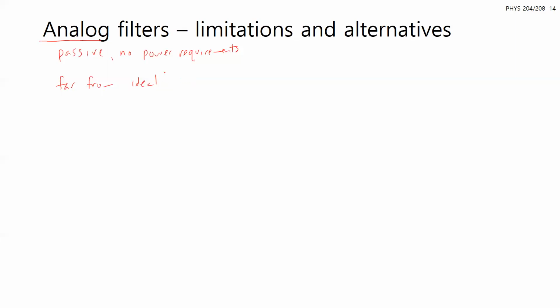For a low pass filter, an ideal response would look something like this, that you get 100% pass through at frequencies below the cutoff, and 0% pass through at higher frequencies. But this isn't what you're actually able to do.